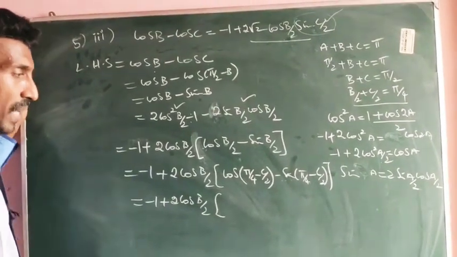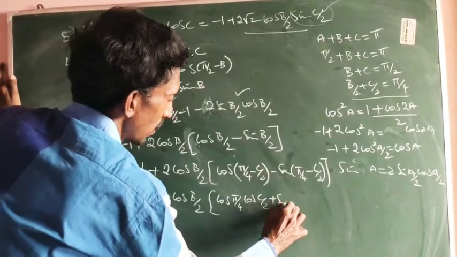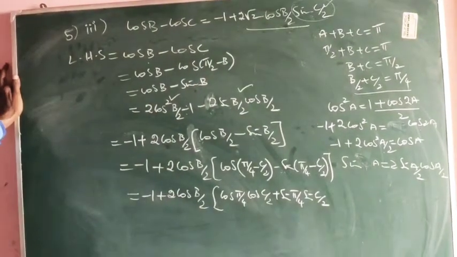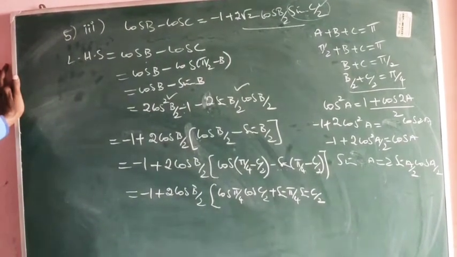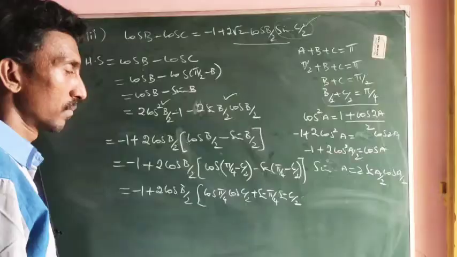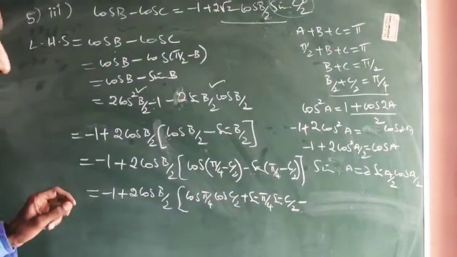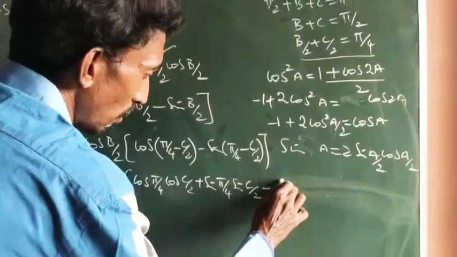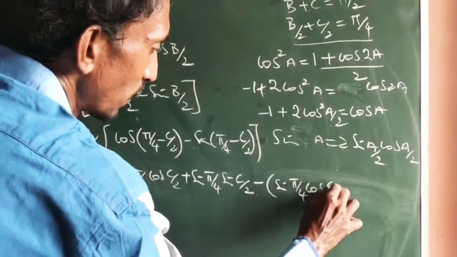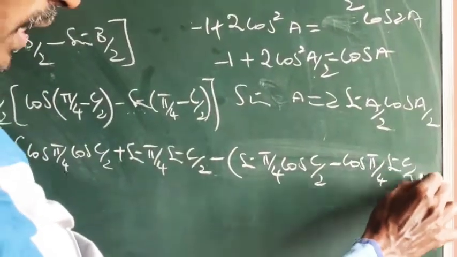So cos(A minus B) is cos A cos B plus sin A sin B. Minus the sin(A minus B) formula, sin A cos B minus cos A sin B. So put the bracket because minus is common, sin A cos B minus cos A sin B.